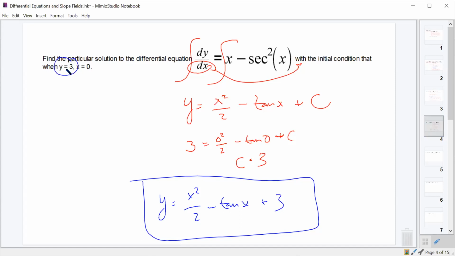You're saying this y equals 3 right here as a line? No, I'm just saying this is the point (0, 3), that this has to go through the point (0, 3). Okay, got it. Not that that's a specific line.